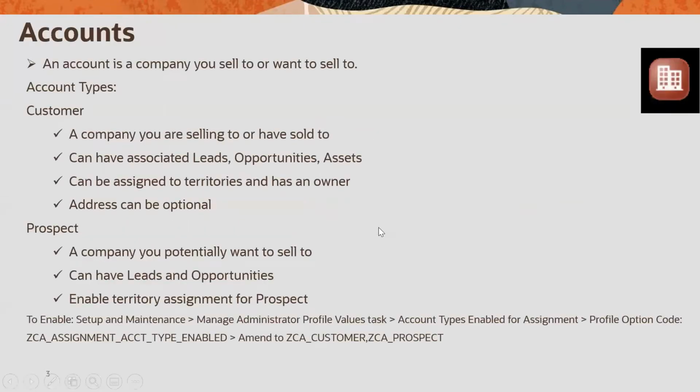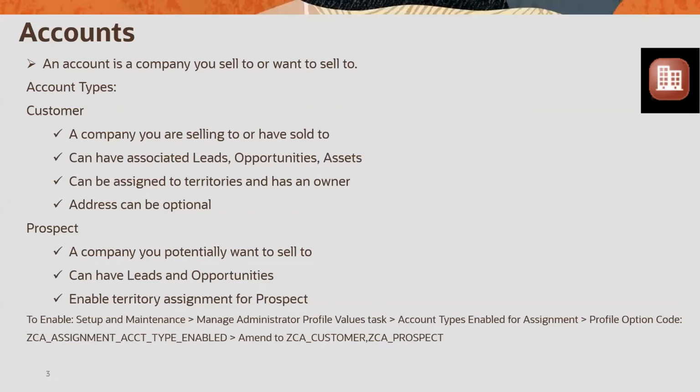First, account. An account is a company that we either want to sell to, or we have already sold something to. That is called an account. We have two types of customer by default: one is type customer, and another is prospect.